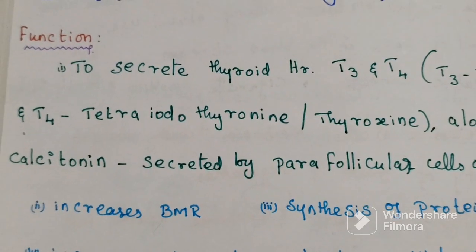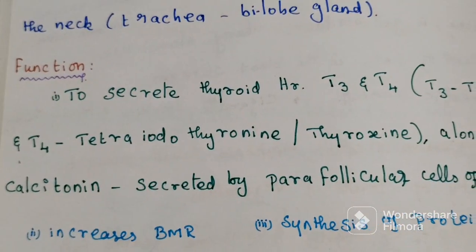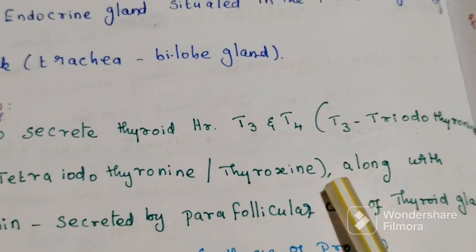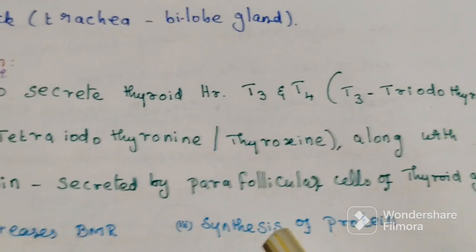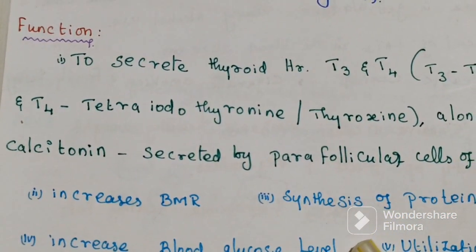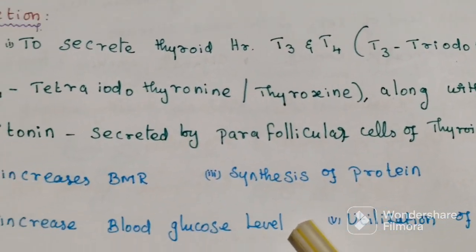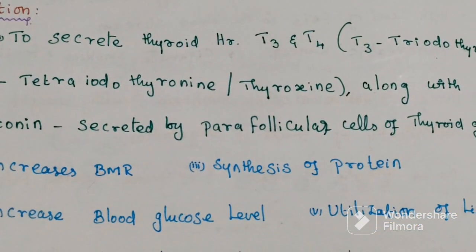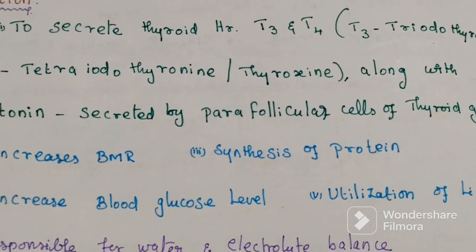What are the prime functions of the thyroid gland? To secrete thyroid hormones, that is T3 and T4. T3 means triiodothyronine. T4 means tetraiodothyronine or thyroxine, along with calcitonin, which is secreted by the parafollicular cells of the thyroid gland.